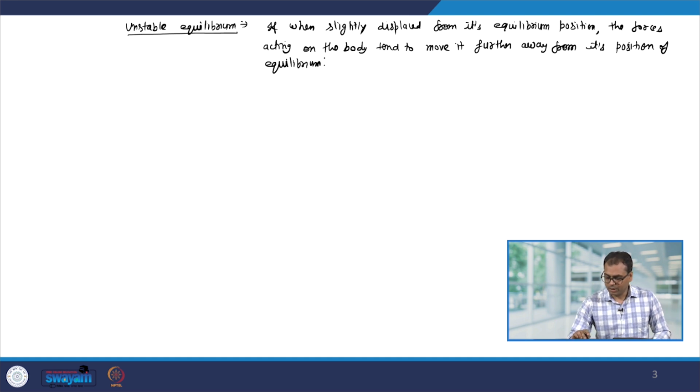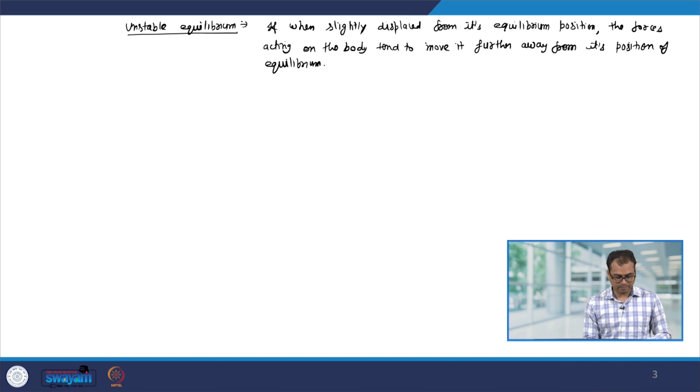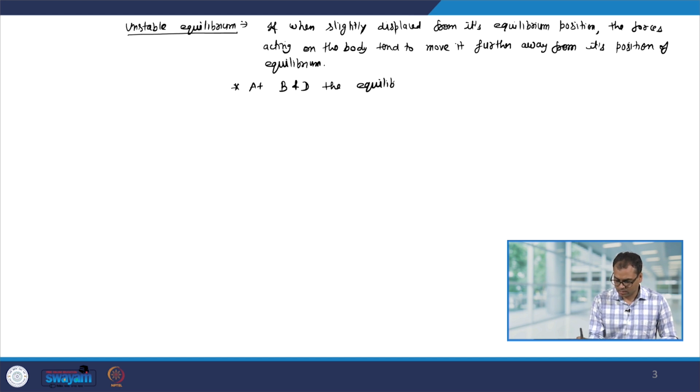So, if we refer to the same figure, then point B and D is the point of unstable equilibrium. At B and D, the equilibrium of the body is unstable.